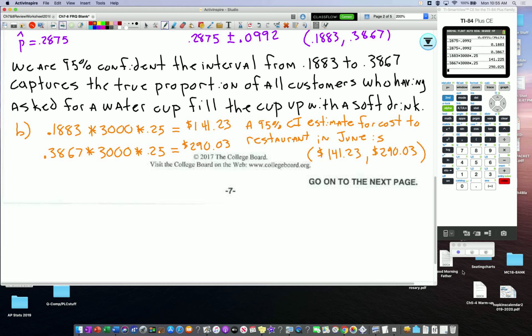Now again, does your answer have to be exactly as mine? No, yours could be slightly different if you only went out 3 decimal places. All right, I hope this helped out.